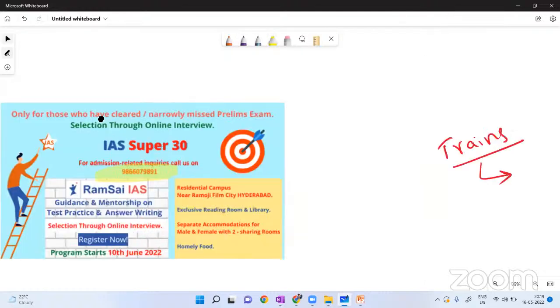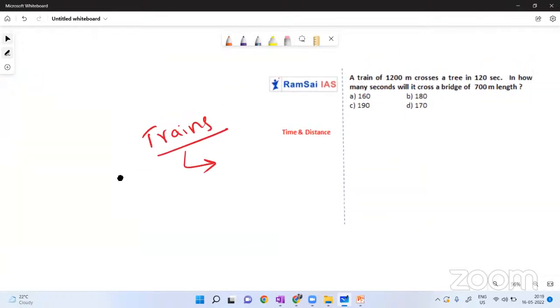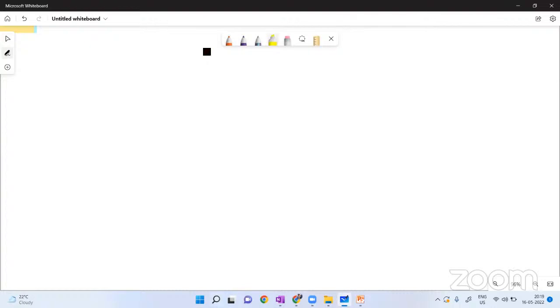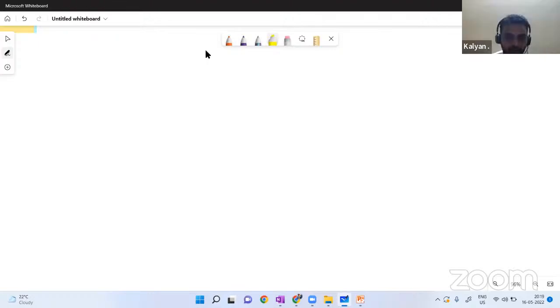So now we will solve problems from trains. But before going to solve questions from trains, let me explain the entire concept. Guys, this is a bit interesting one, and I'm going to turn on my camera. Just look at me at the right top corner.